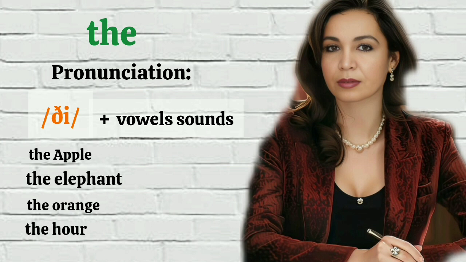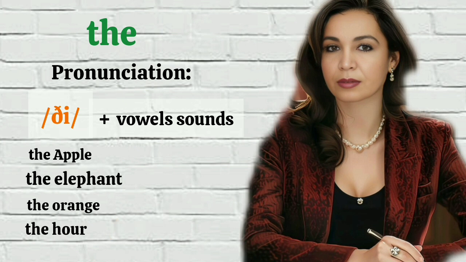Now here is one more confusing word. Hour starts with the consonant letter H, but it is pronounced as hour because H is a silent letter. So we say thee hour. Now try it once again with me. Thee apple, thee elephant, thee orange, thee hour.